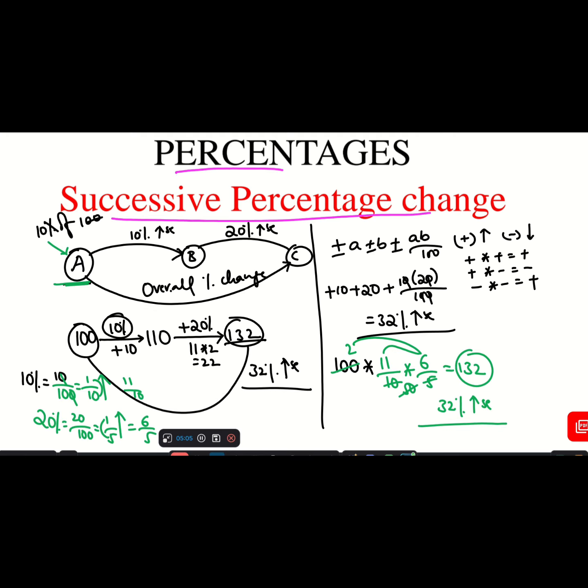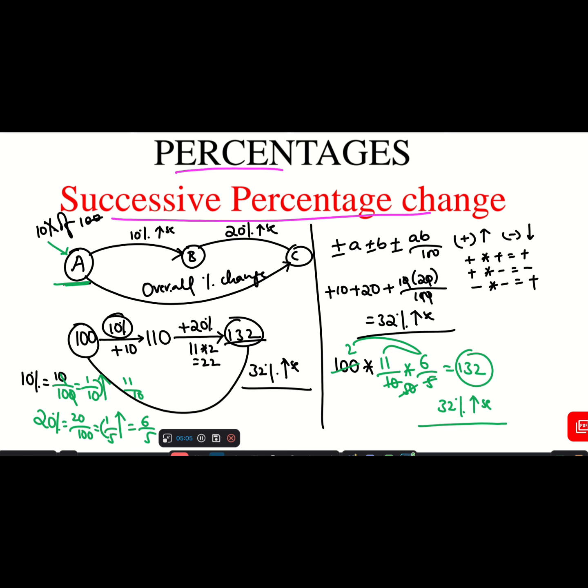So in case one is an increase and the other one is a decrease: A to B is a 20 percentage increase, B to C is a 25 percentage decrease. What is the overall percentage change?